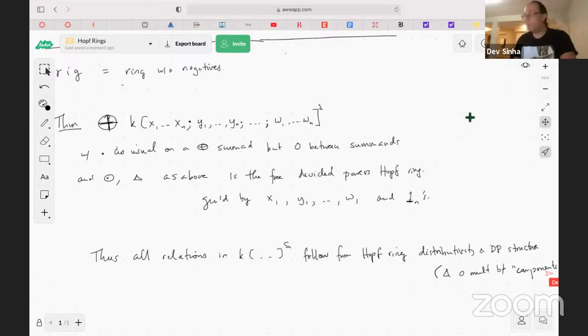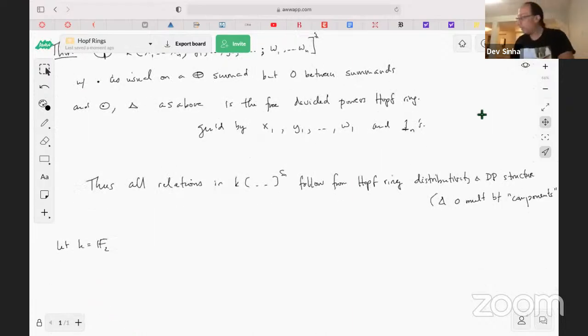Okay, so what I wanted to do was go back to some of my first calculations in light of a graphical approach to this structure. So let's let KBF2, just for definiteness. This graphical structure doesn't require that.